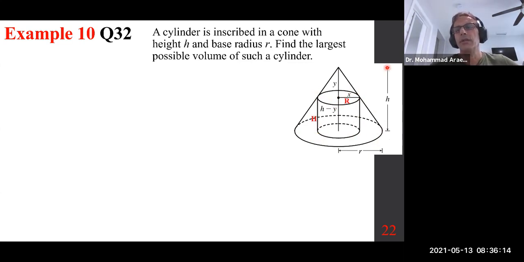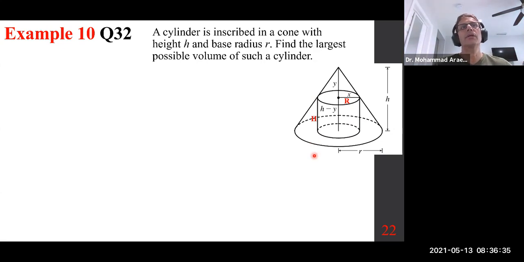This is the height. Lowercase h represents the height of the cone, lowercase r represents the radius of the cone, and capital R represents the radius of the cylindrical shape, and capital H represents the height of that.